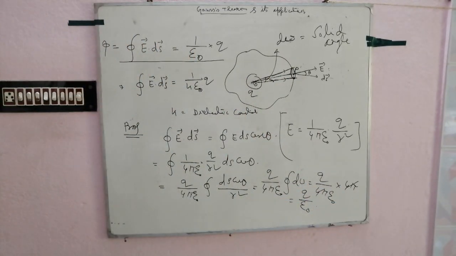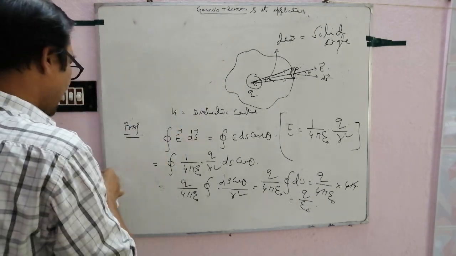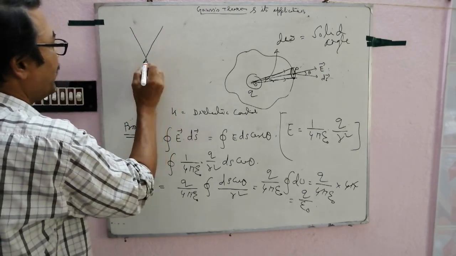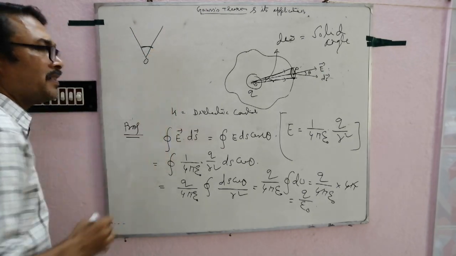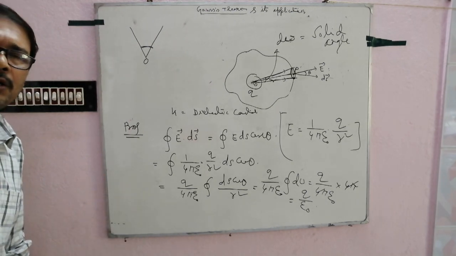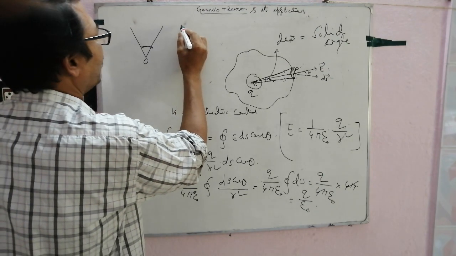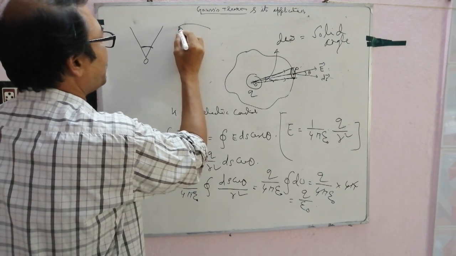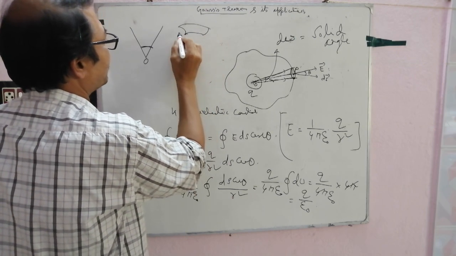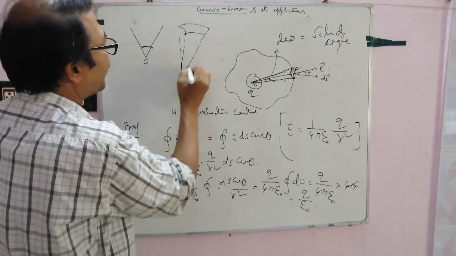Here we generally know the angle. If two lines meet at a point, this is the angle, maybe 60 degree, 40 degree, pi radian, 2 pi radian, pi by 2 radian. But when a three-dimensional surface, suppose this is the surface, so follow this figure.